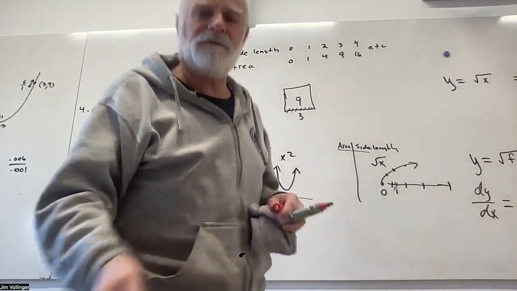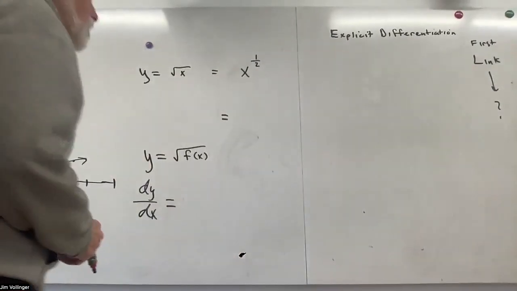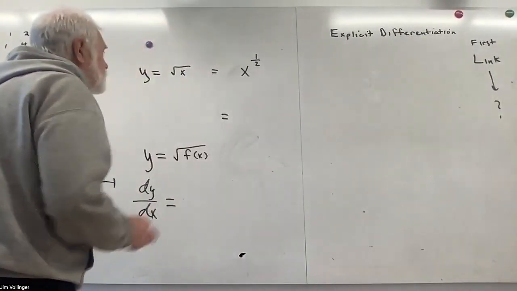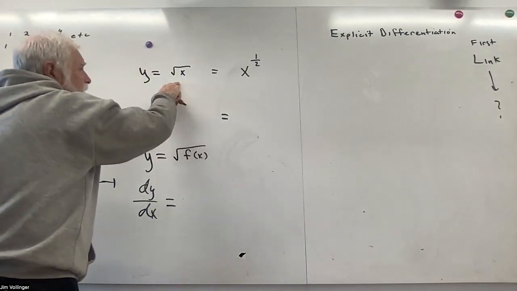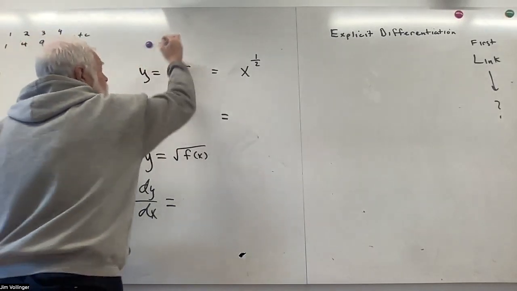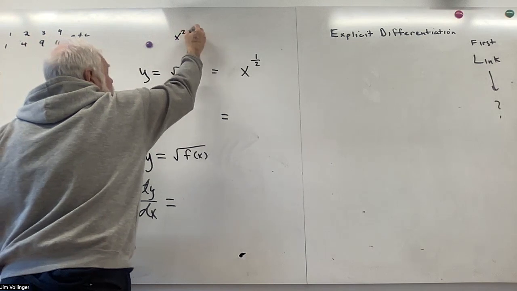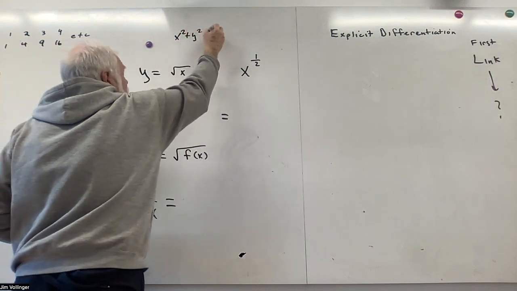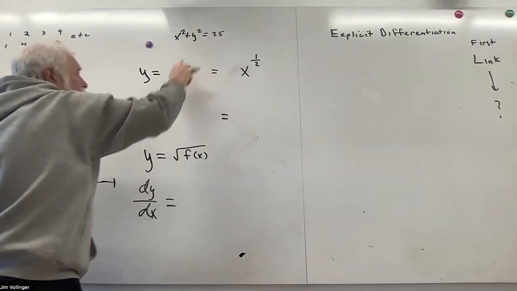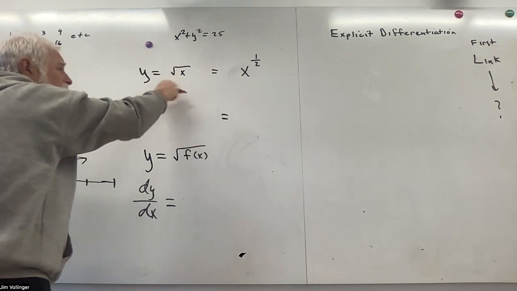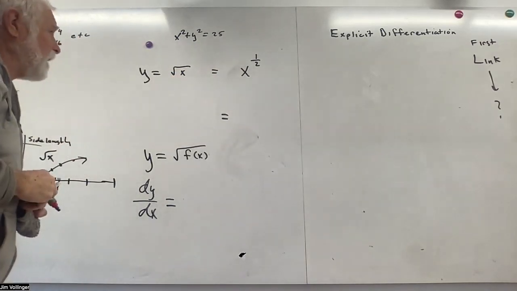Let's get to the heart of this video: linking up implicit and explicit differentiation. One of the examples I'm going to use is the square root of x. The other one I'm going to use is x squared plus y squared equals 25, which is going to be based eventually on the derivative of the square root of x.